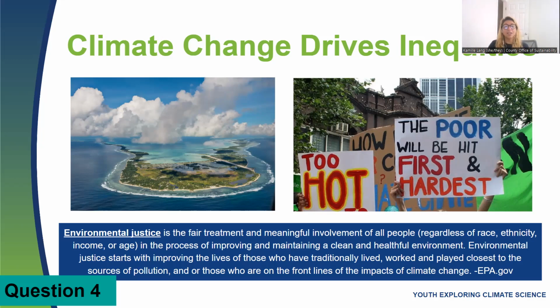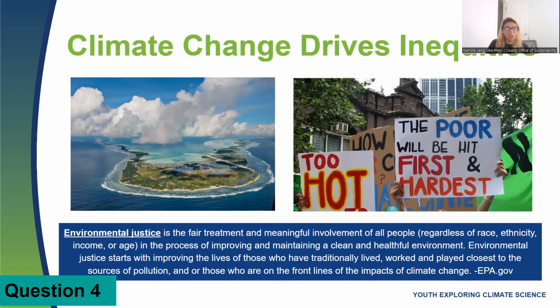More often than not, poorer nations or poorer people will be hit first and worst by climate change's impact. People are aware of this phenomenon, and there's a concept called environmental justice that's helping to address this issue. The Environmental Protection Agency of the United States put out a definition of environmental justice, and the work that component of the federal government works on.